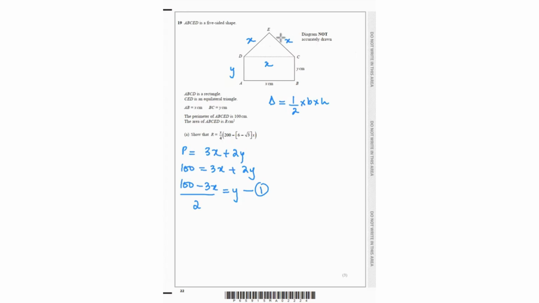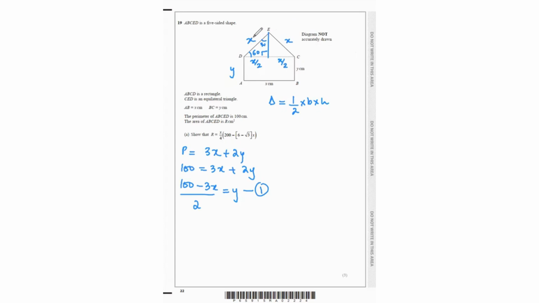But what we know is that this is a right angle triangle. And since it's an equilateral triangle, 60, 30, 90, the special triangle ratio. So then this length is going to be X over 2. This is going to be X over 2.